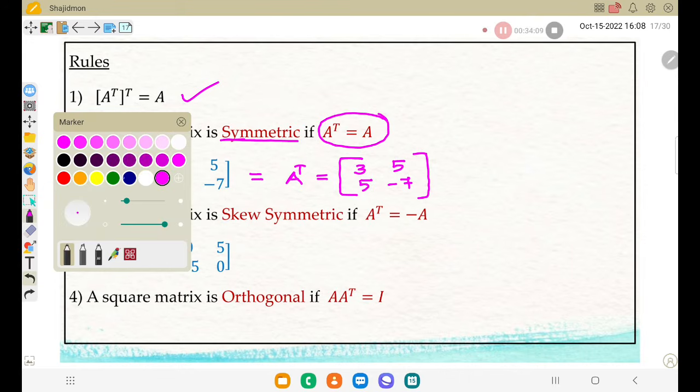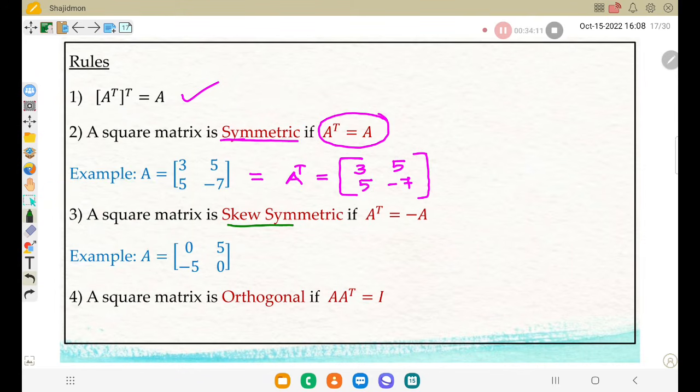Now the next idea: when do we call a matrix skew symmetric? When A transpose equals minus A, the opposite of A. For example, here A equals 0 5 in the first row and minus 5 0 in the second row.